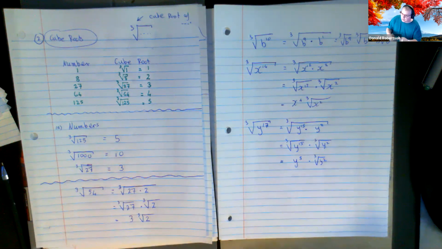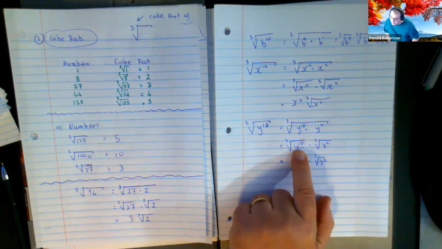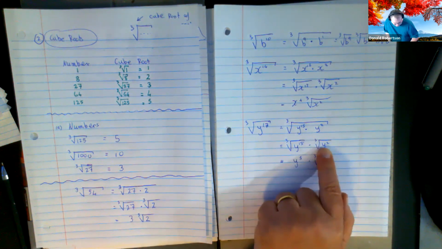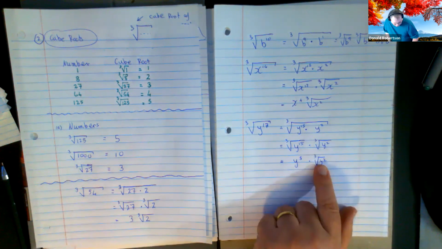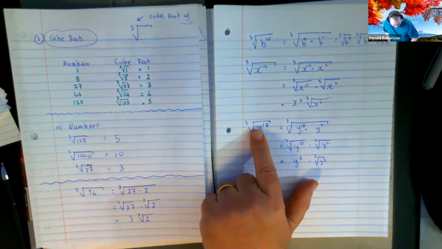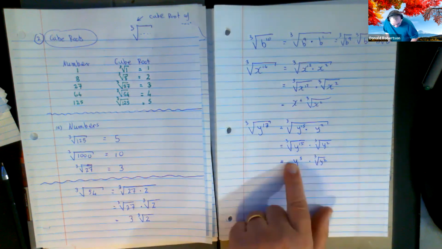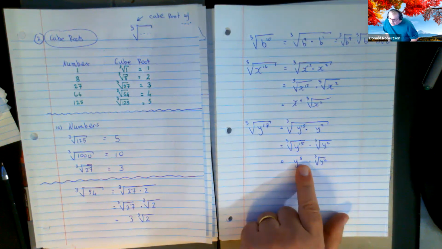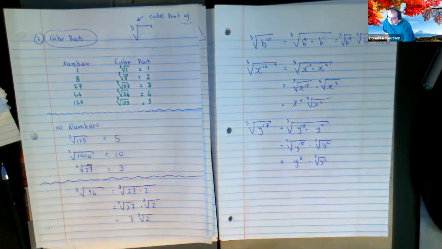So it has to be things like y cubed, y to the 6, y to the 9, y to the 12, y to the 15, right? It has to be in the 3 times table. So that's why I picked that one. And then the bit that's left over is just the bit that's left over. So what we've done is taken this one and simplified it by pulling out the most we could and leaving whatever is the orphan bit that's left over.